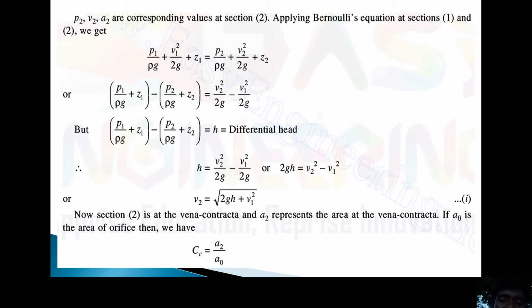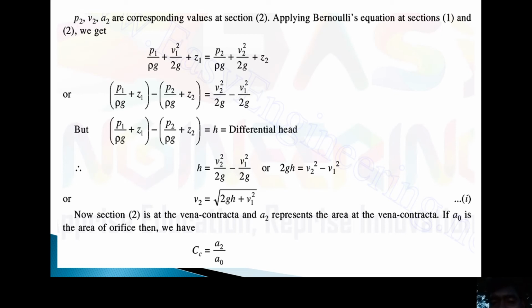Next, P1 by rho g plus Z1 minus P2 by rho g plus Z2 equal to V2 square by 2g minus V1 square by 2g. Therefore, P1 by rho g plus Z1 minus P2 by rho g plus Z2 equal to the differential head H. As in the Venturi meter derivation, P1 minus P2 by rho g equal to H, and here Z is added.